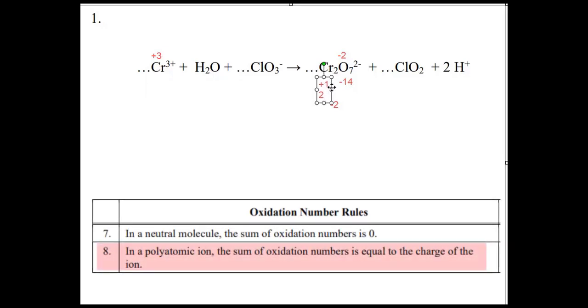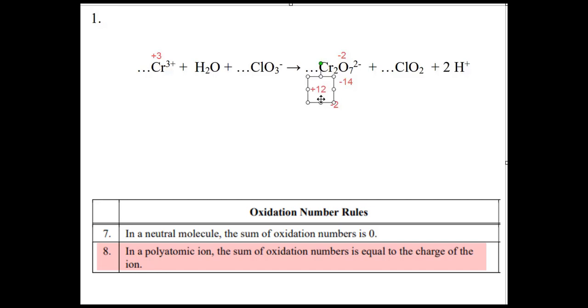Now, we have a total of 7 of these oxygens, each with a -2. I'm pretty good at multiplying that. I wouldn't even get my calculator out. That's -14. So the oxygens have got this -14. The chromiums end up having to have an oxidation number of +12, both of these chromiums together, because we've got to add up to a -2.